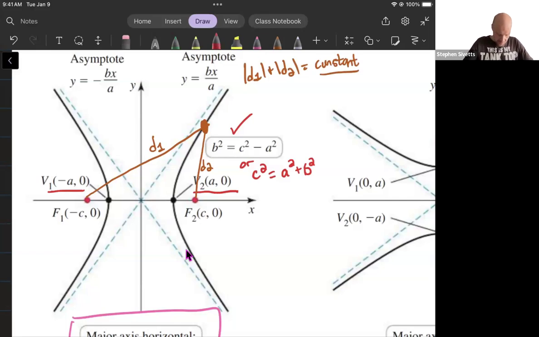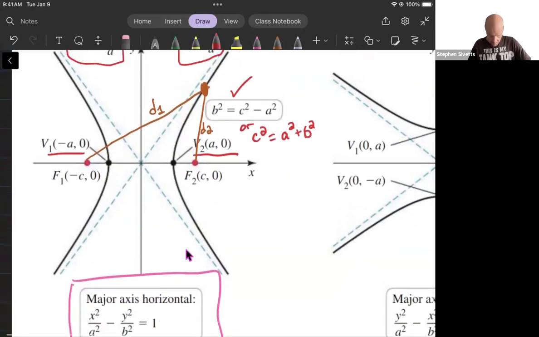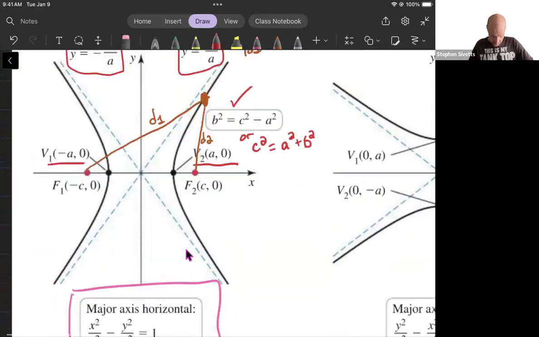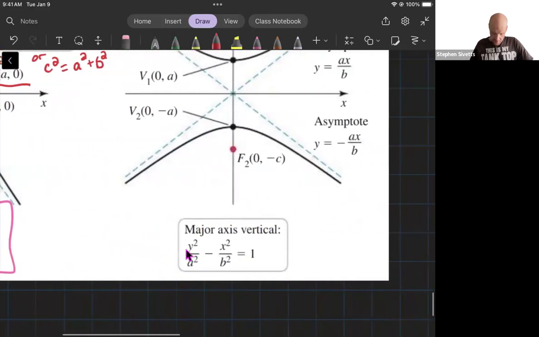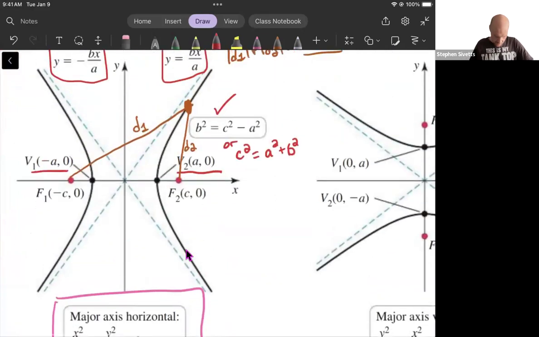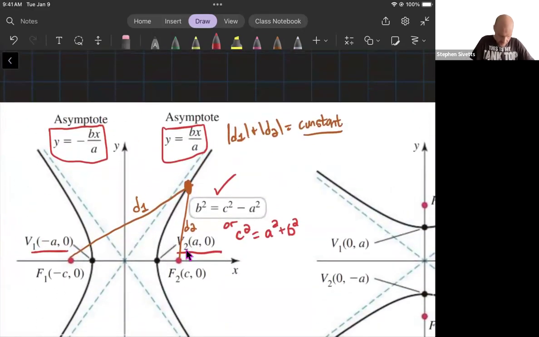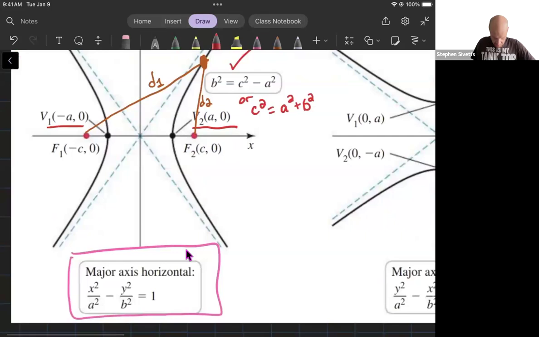And also the asymptotes that I mentioned before are y equals minus b over a x, and y equals b over a x. So plus or minus b over a x equals y would be your asymptotes. So this hyperbola here is where the transverse or the major axis is horizontal.